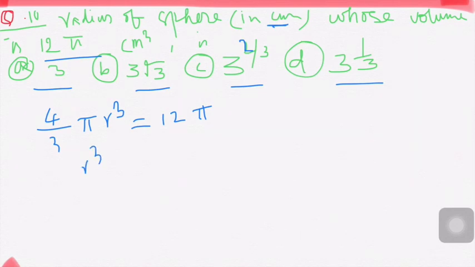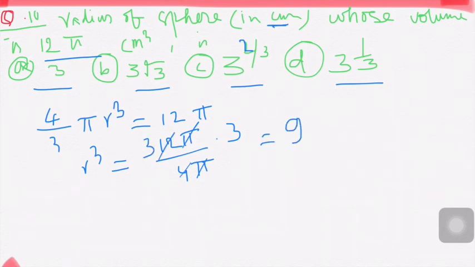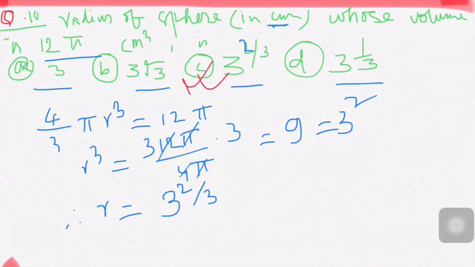Hence we can write r cube equals 12 pi into 3 by 4 pi. Hence it can be written as 9 or 3 to the power square. Therefore r equals 3 to the power 2 by 3. So hence we can write C as the answer.